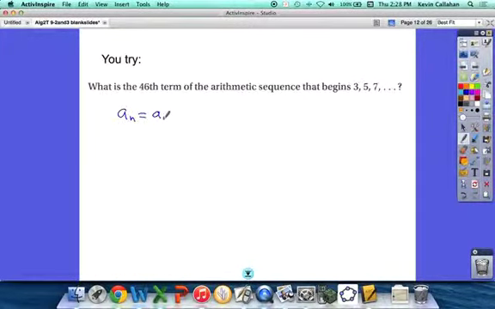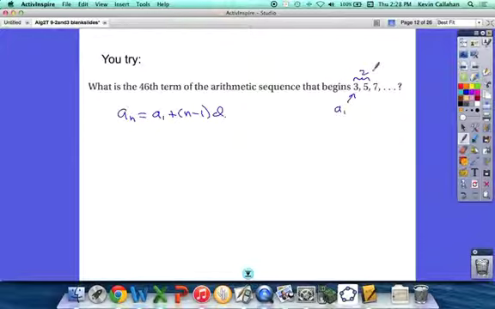Again, I start with this: A_n equals A_1 plus n minus 1 times d. I'm going to plug in for the first term, which is 3, and the difference looks like 2. Now, if all you're being asked is for the 46th term, you might plug in for the n at the same time. You weren't asked for a formula. But be careful.